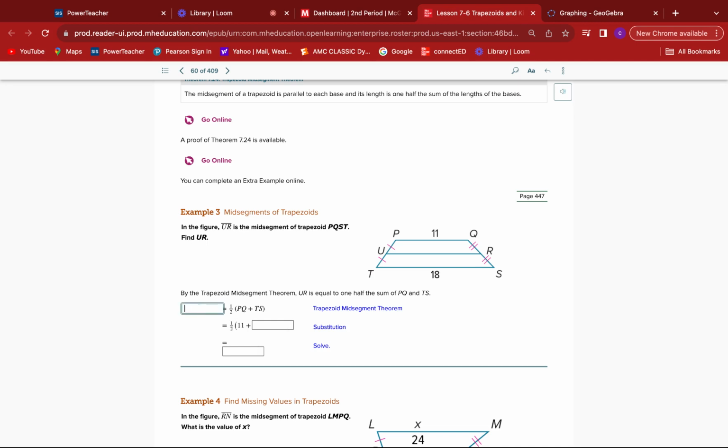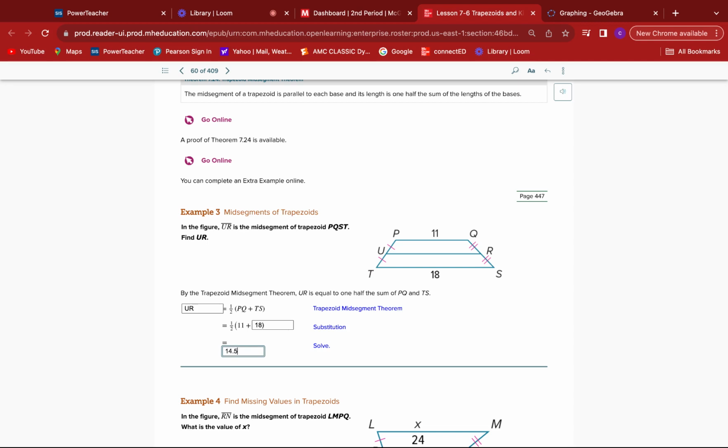So UR is the average of PQ, which is 11, plus TS, which is 18. So what you want to do is add 11 plus 18 in your calculator or in your head, divide by 2, and you're going to get 14.5.